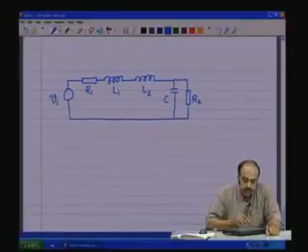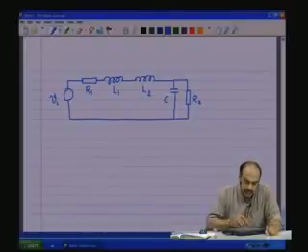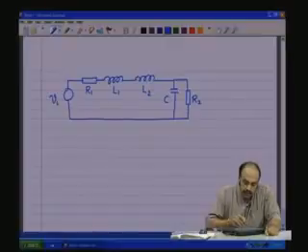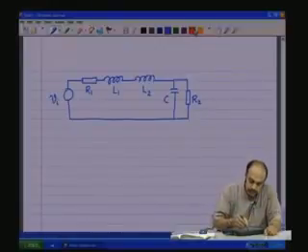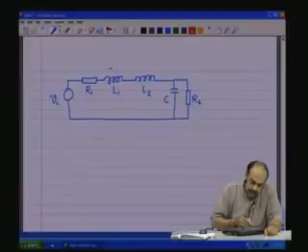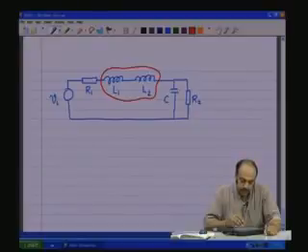You will see that there are three energy storing elements. Apparently it looks like there are three energy storing elements, L1, L2 and C, and therefore there should be three state variables, but it is not actually so. This L1 and L2 are actually one single inductance.